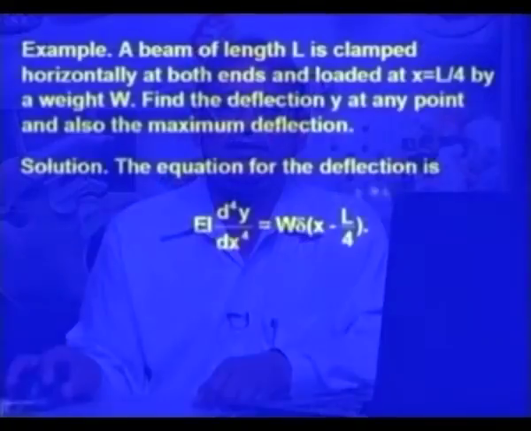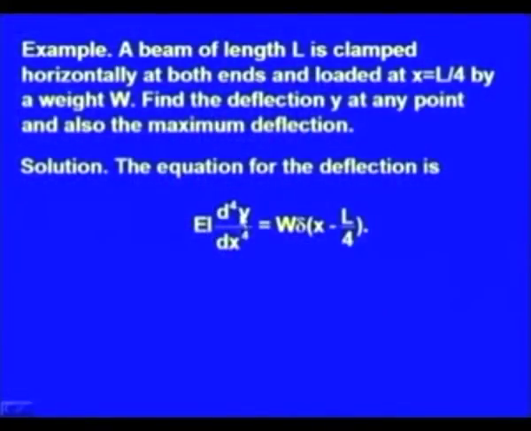As we have seen, the equation for the deflection of the beam is given by EI d⁴y/dx⁴, and this is a point load W here. So we write the right hand side as W times delta(x − L/4), as it is applied at the point L/4.